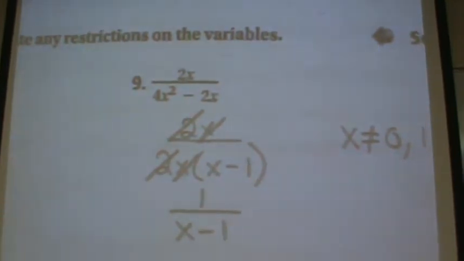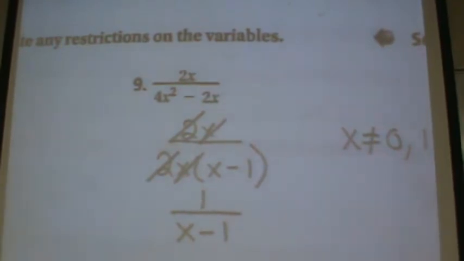Wait, I'm confused. With the last problem, wouldn't you have taken out 2x, making it 2x minus 1? Oh, yeah, I forgot the 2. Thank you.